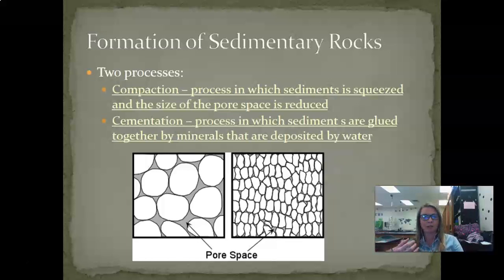So we can look at a sedimentary rock and say, that was eroded away due to a glacier. Or we can look at it and say this rock was formed in an ocean type environment. Kentucky is a great example, especially northern Kentucky, the Cincinnati area.